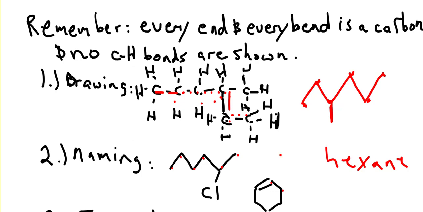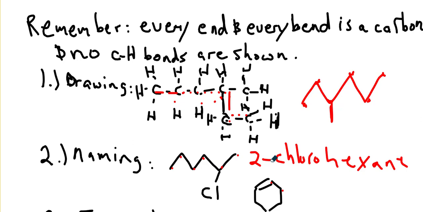Usually side chains we name as chloro, for elements from that part of the periodic table: chlorine, bromine, iodine. Now we just have to tell what carbon it's on. If I start from the right, I get a 2. If I start from the left, I get 1, 2, 3, 4, 5. So 2 is what I want to put in there, because we're always trying to get the smallest set of numbers for whatever you're describing.